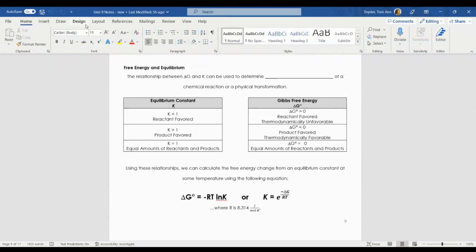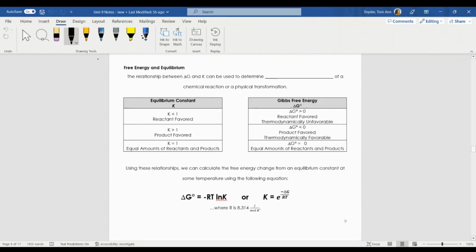So we can relate our Gibbs free energy to our equilibrium constant right here. And this can also be used to determine the favorability of a reaction or a physical transformation, because again, we could do this for physical processes too.